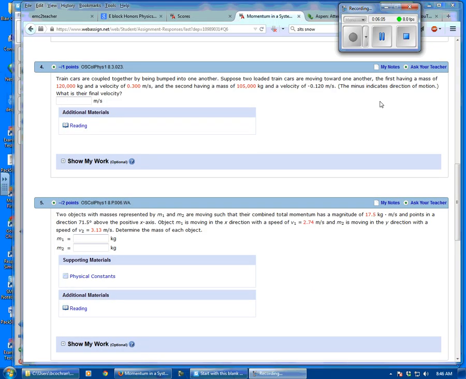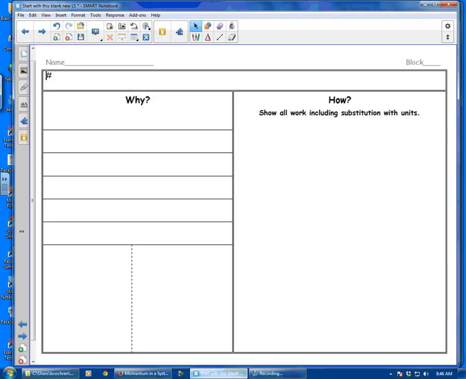All right, so let's do number 4. Train cars couple together, as they bump into one another. So, is this a situation that had before and after? Yes. So, need to do a diagram. And I would say we can assume that the 2 train cars make up a system.